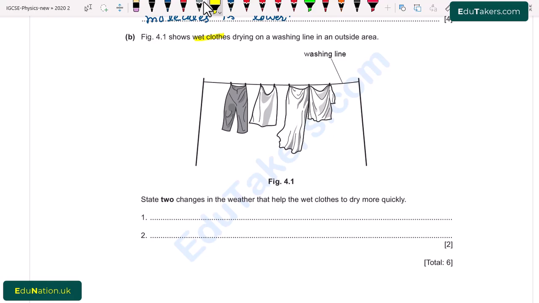So here we have to describe the two changes in the weather so that these cloths will dry very quickly. First of all, if the temperature is increased, then there will be more chance for cloths to dry quickly. So air temperature increased.